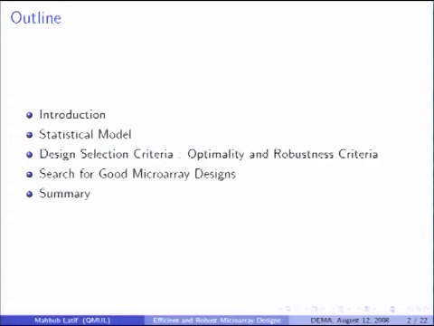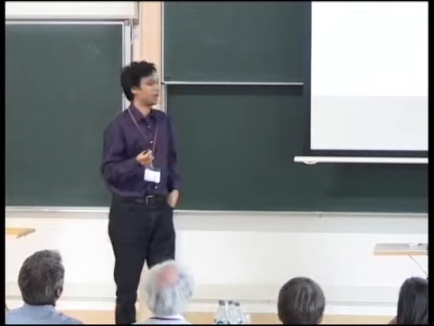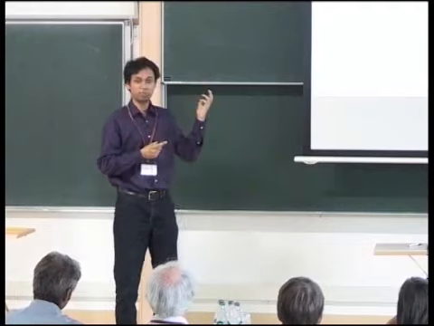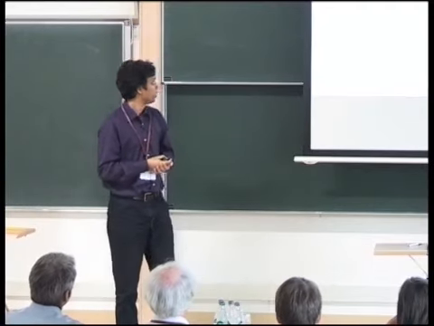One is the optimality criterion, another is the robustness criterion. Robustness not against homoscedasticity, here it is robustness against missing observations. And then I will describe a method for searching good microarray design. What is good? Good means it is optimum and it is robust.